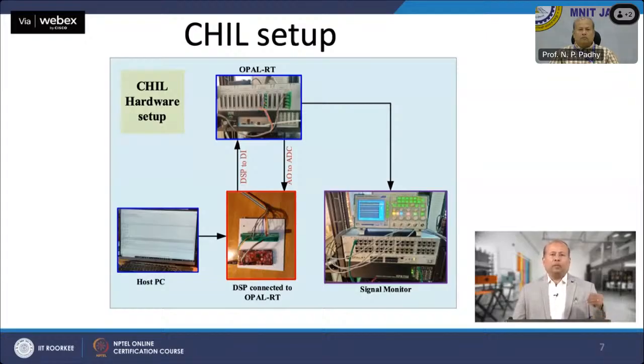The input will be provided from the OPAL-RT, which is taken here as a plant, to the ADC of the TMS board and is utilized for the control logic development. By utilizing MATLAB, the control logic is developed, and through hardware simulation, the code developed in MATLAB is flashed into the TMS board.